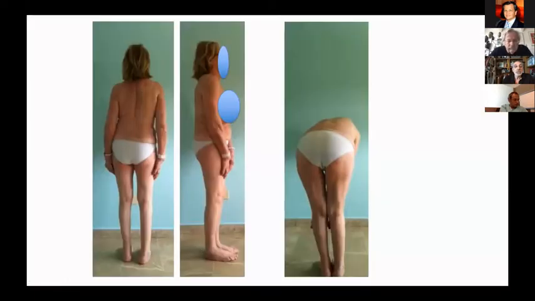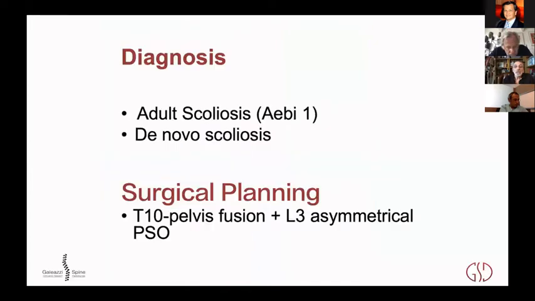This is the pre-op picture of the patient before surgery. It is a typical example of de novo scoliosis, which according to the SRS-Schwab classification is type 1. We planned to perform a T10 to pelvis fusion plus an L3 asymmetrical PSO.